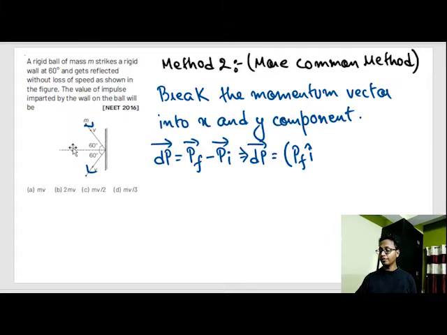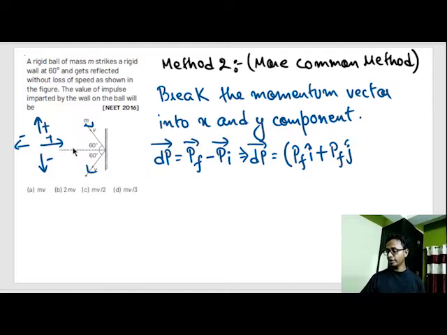Okay, and before componenting anything, we must always add the signs. So I assume upwards to be positive, rightwards to be positive, down to be negative, and left to be negative. Now it's clear. Final momentum is divided into x component of final momentum plus y component of final momentum.